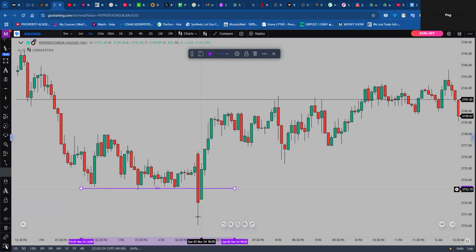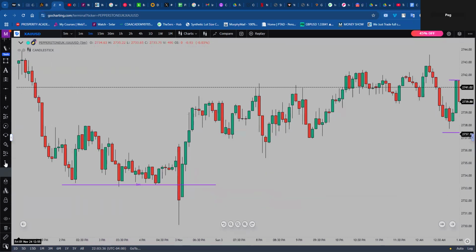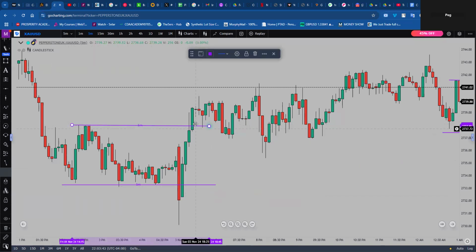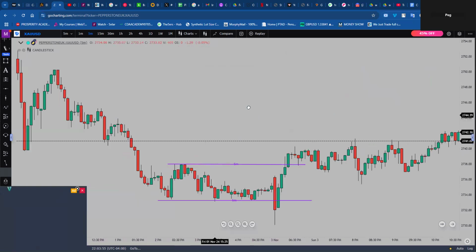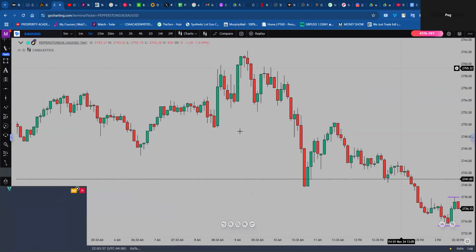Price sweeps the liquidity and breaks the high that sponsored that sweep of liquidity. And another thing, it breaks it with displacement. You can see the fair value gaps. So that is how to identify your valid sweep.